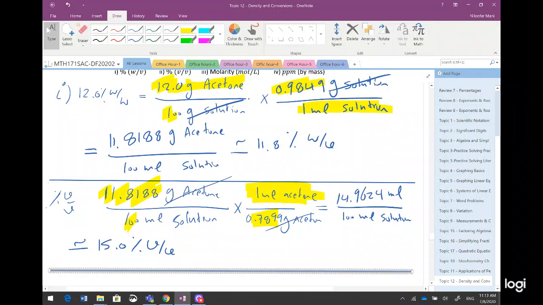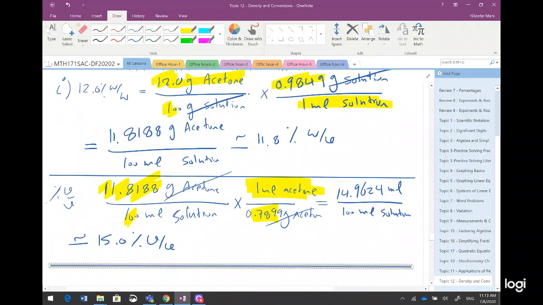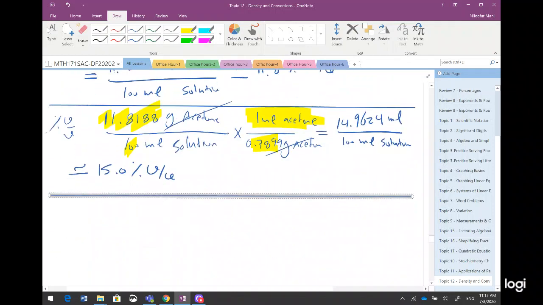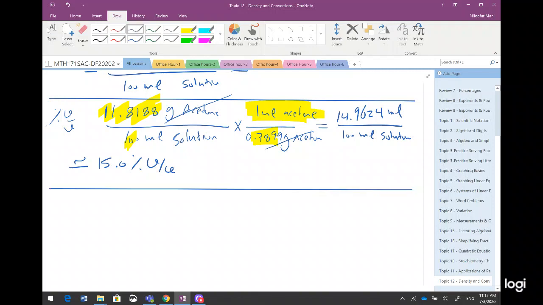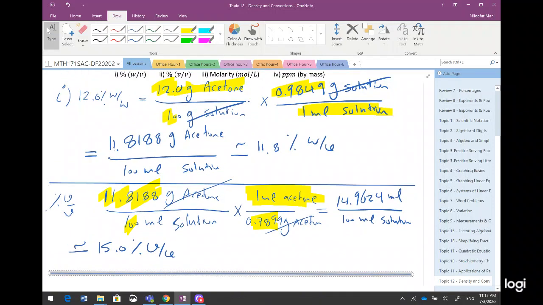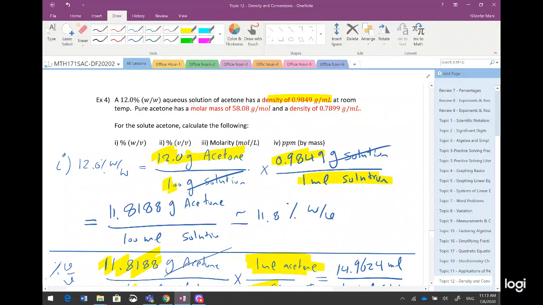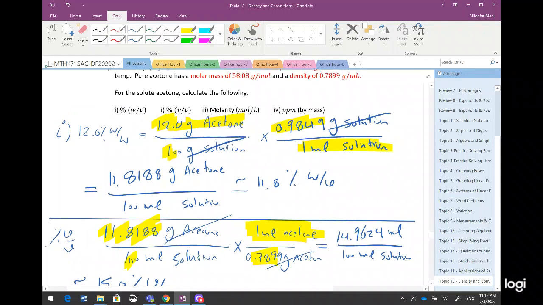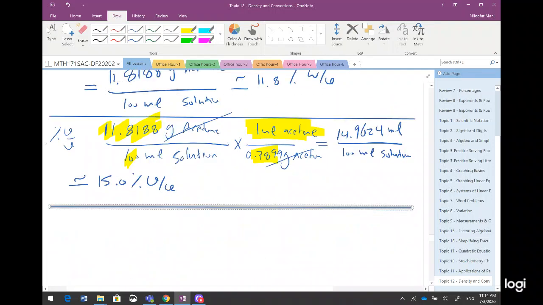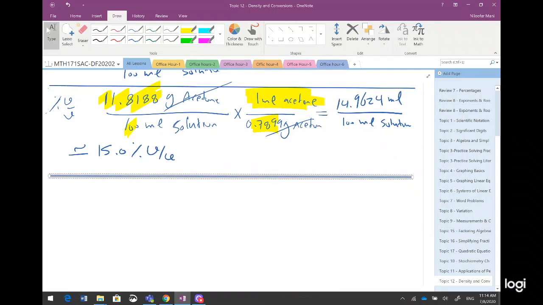The next, molarity. Okay, for molarity, you need to go to mole per liter. So which one do you use? The first one? No, because it's W over W. The second one, the third one? No, it's V over V. So I just use W over V. It's easier for me because I can go to molarity.